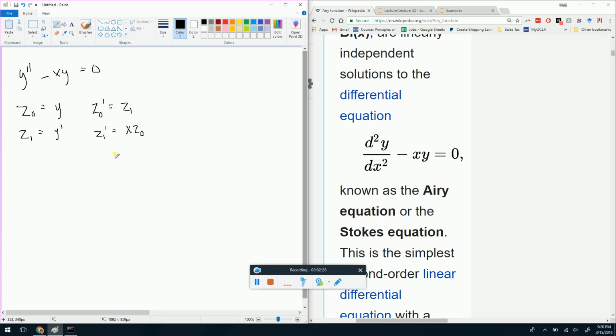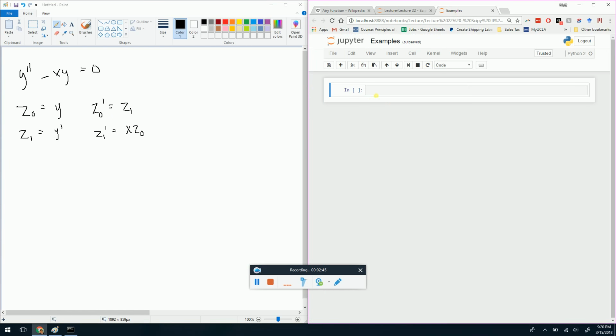So now we can take this and put it into SciPy because we have an equation that relates the derivative of the z's, in this case with respect to x, in terms of just the z's themselves.